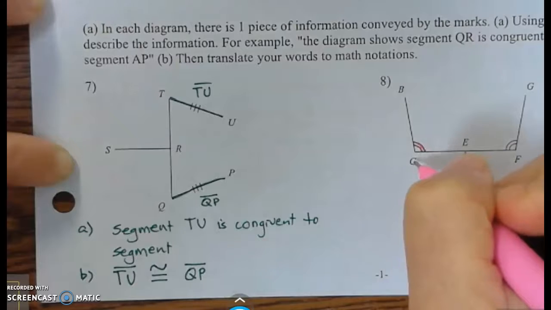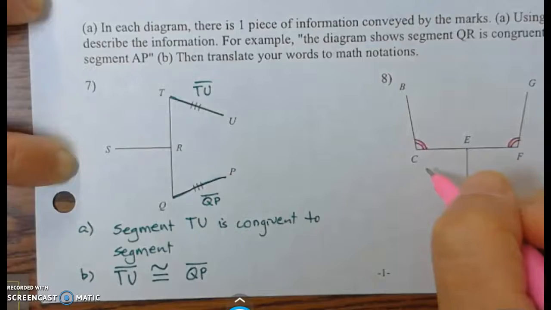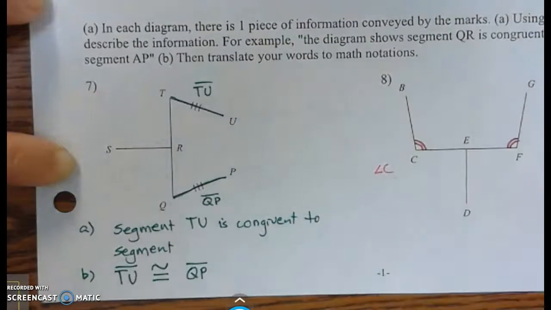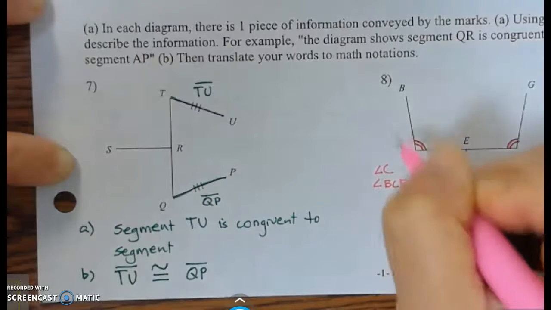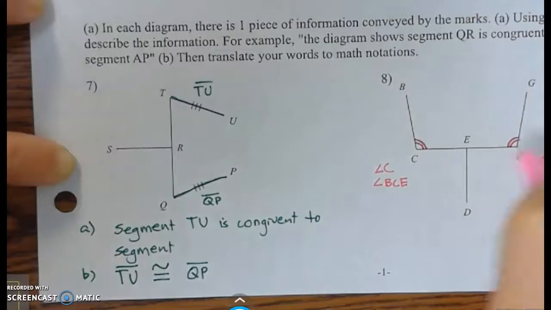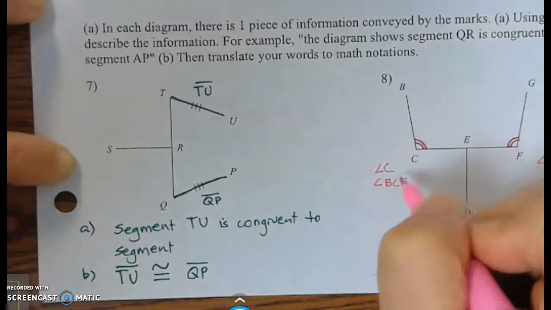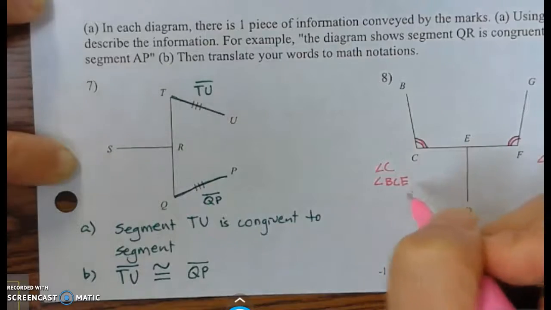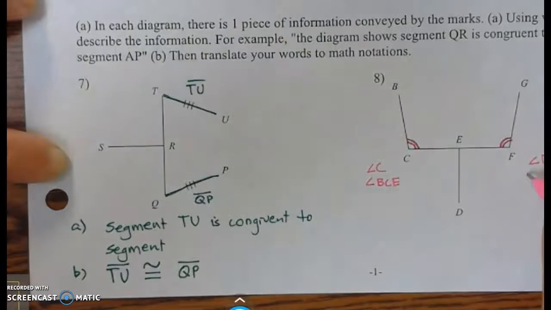We can call this angle C, and we can call this angle F, just because there are no other angles that could possibly be called angle C or angle F. Or I could have called this angle BCE or BCF, or I could have called this angle ECB or FCB, as long as the middle letter is at the vertex and the other two letters are on the arms of the two sides. That will be fine. And this angle could be called angle EFG as well.